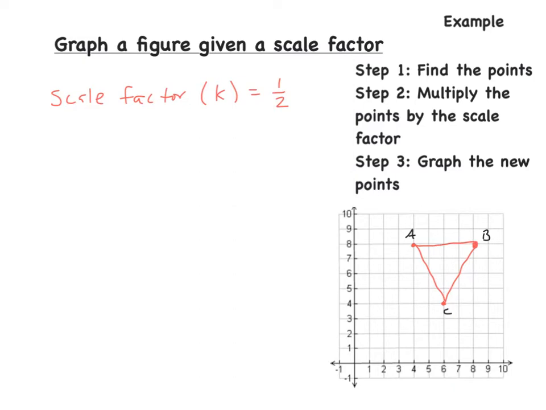Our scale factor that we're given, you might see it as k, but our scale factor is 1/2. So we have our figure over here. We have a triangle ABC. So the first thing, let's find the points. The points of A, remember x first, so 4, 8.